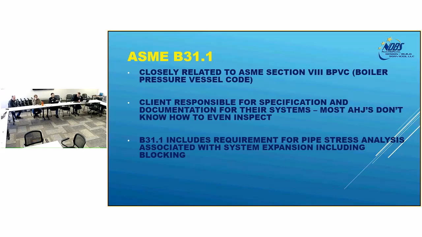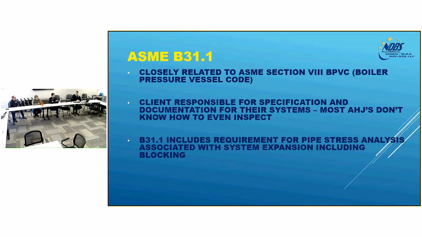Anytime you have a B31.1 system, you have to perform a pipe stress analysis, which is going to include all of your restraint and blocking. So if you've ever had the pleasure of starting up a 600 psi system, you'll see it move and you'll understand what blocking's for.